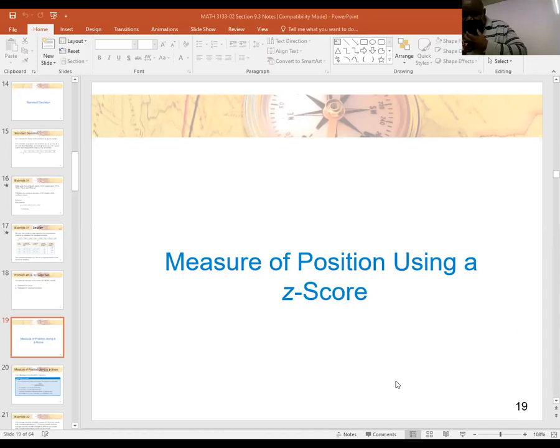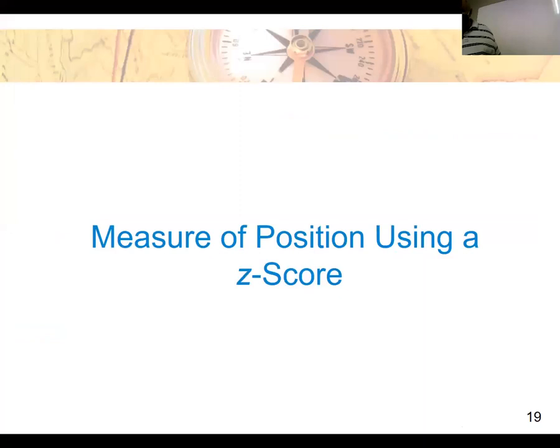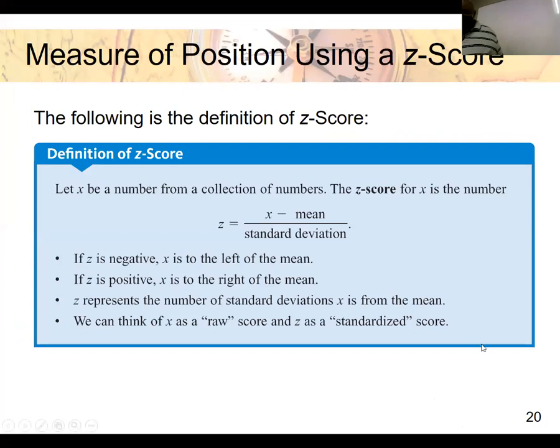Here is where I left off. We call this a measure of position using a z-score. This is the blue box. Let x be a number from a collection of numbers.